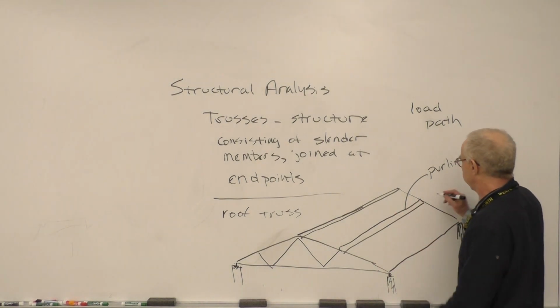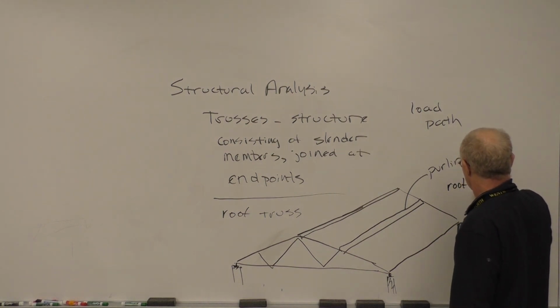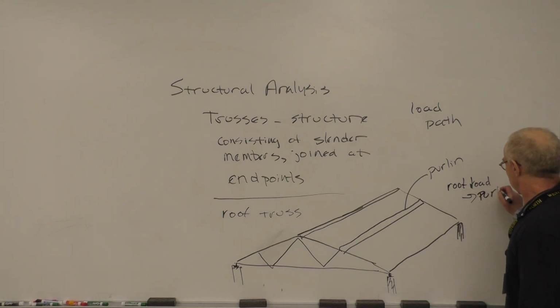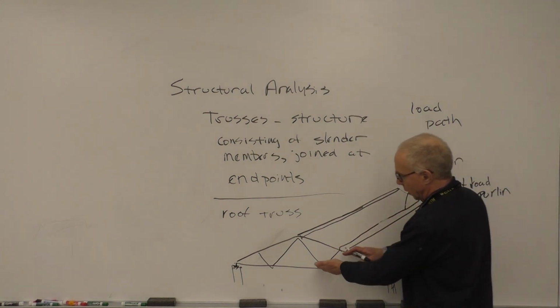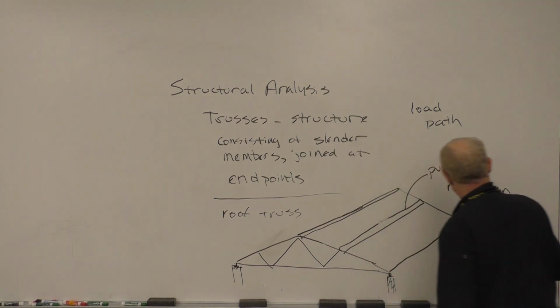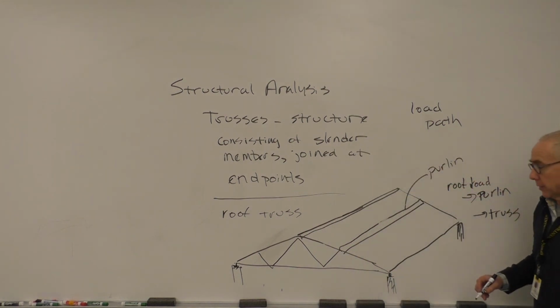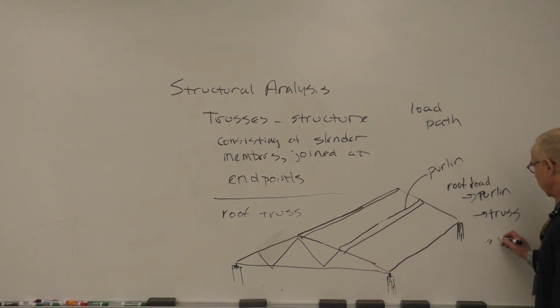So we have our roof load going to the purlins, which would shift the load, so the load would be on these long members, and that would shift the load to the trusses, which have to support the purlins, and then the trusses basically transfer that to the columns.